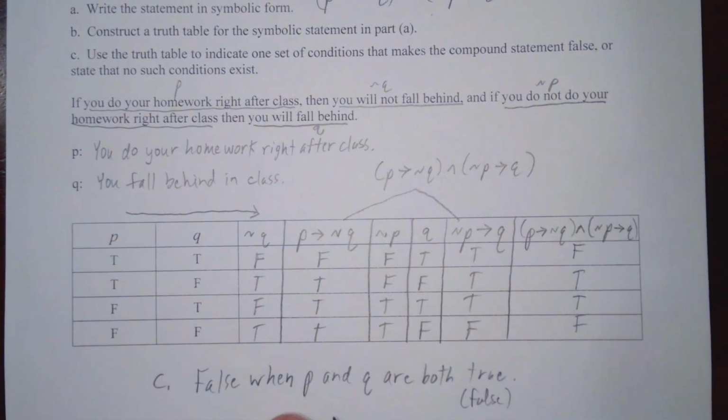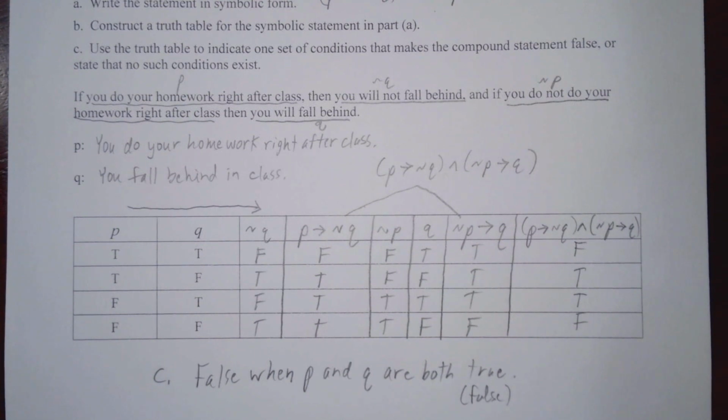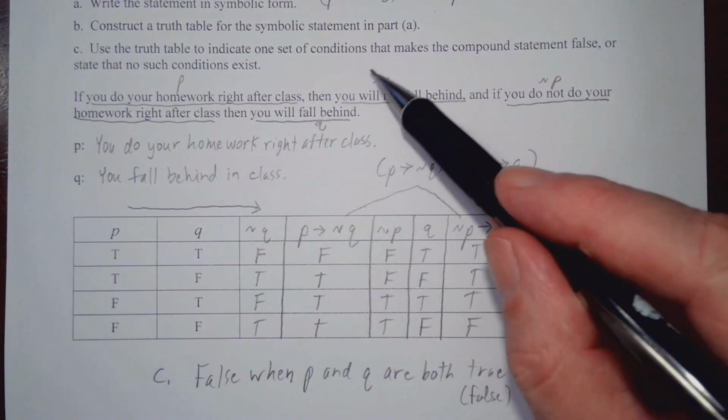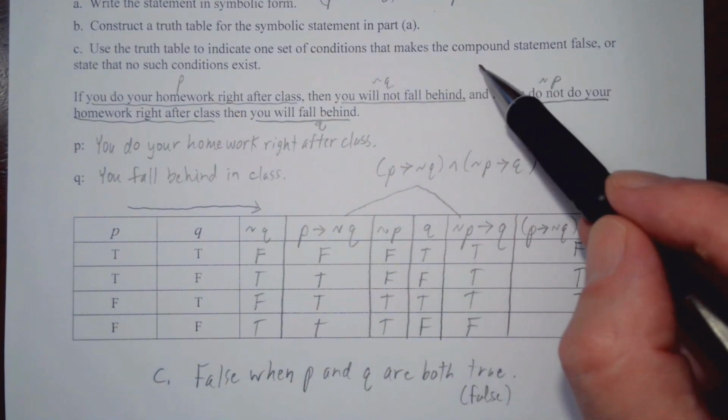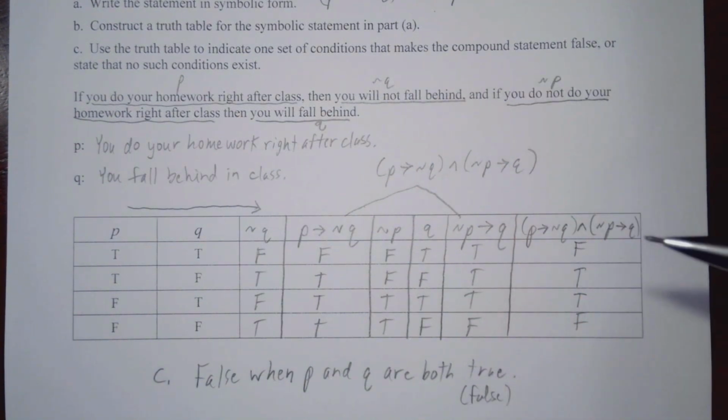So we could have said P and Q are both true or both false. That's when we're false. All right, so we actually have two cases where this is the case, where we have case 3 where the compound statement is false.